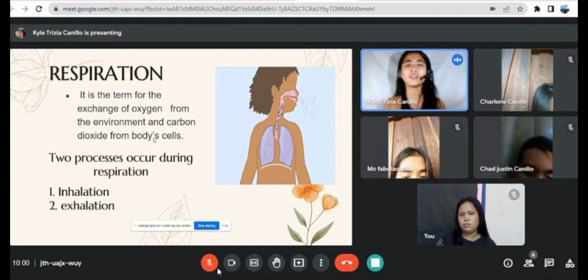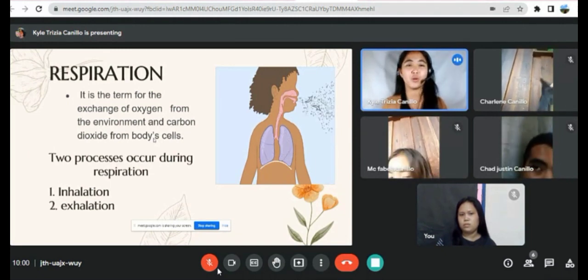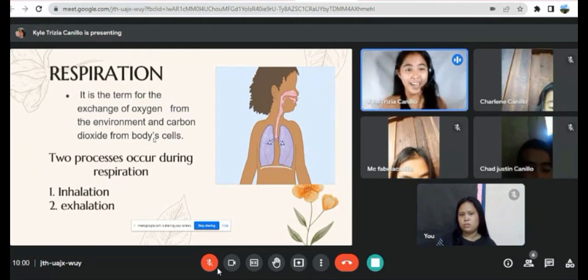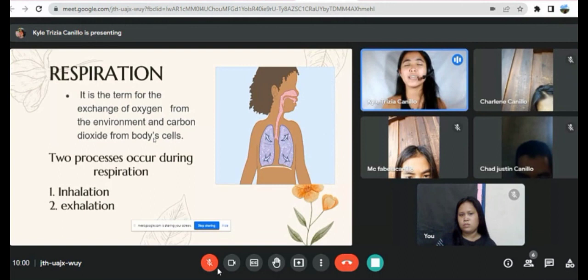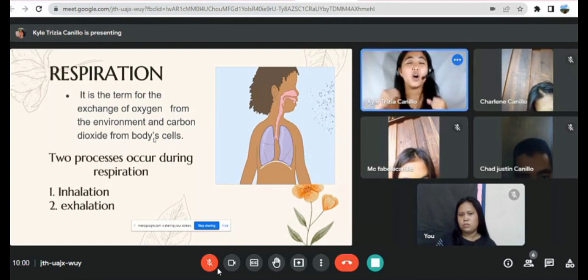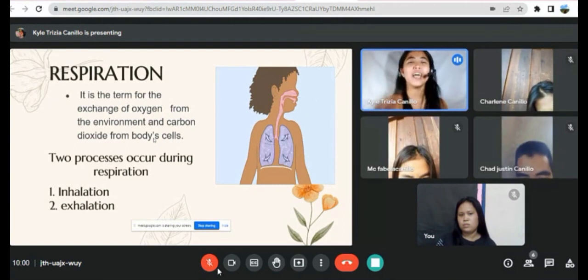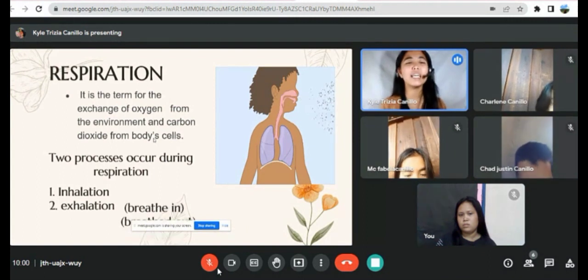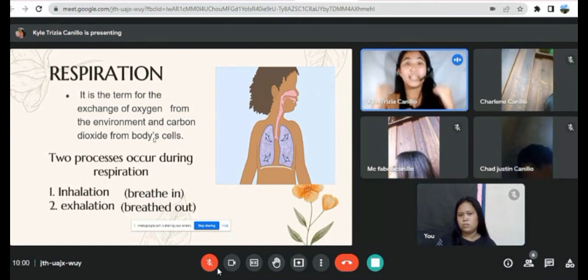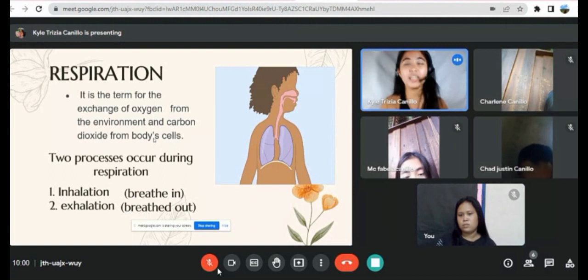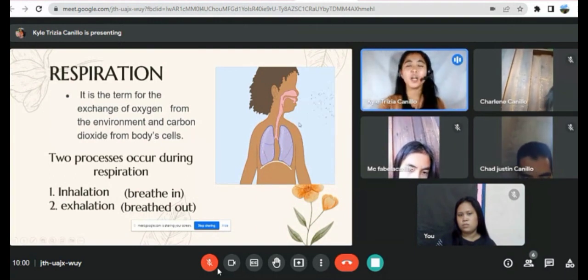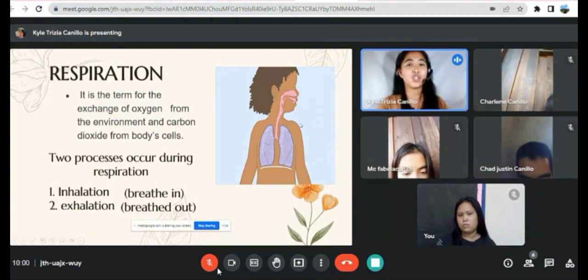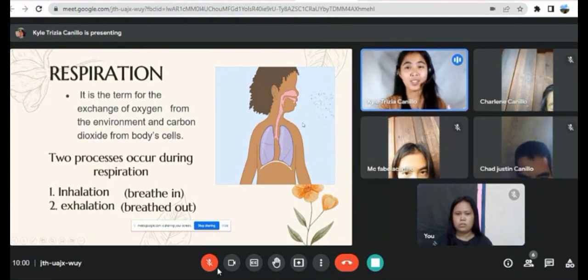Inhalation is to breathe in, and exhalation is to breathe out, as we have observed in this picture.